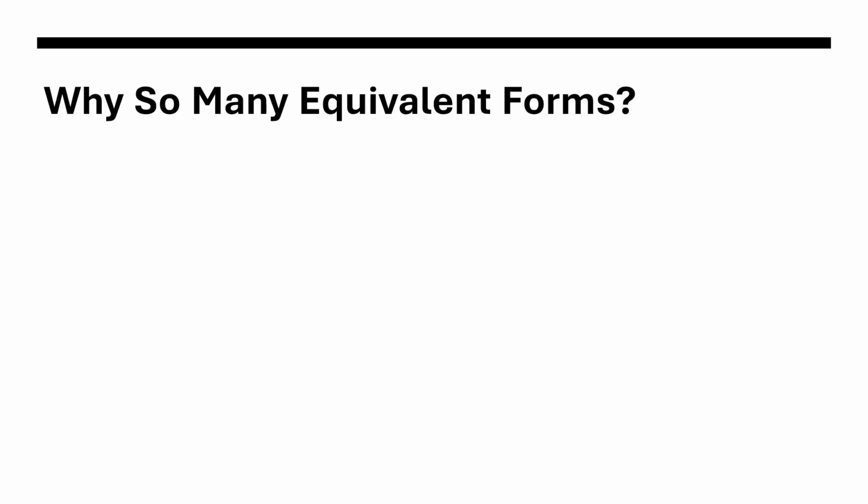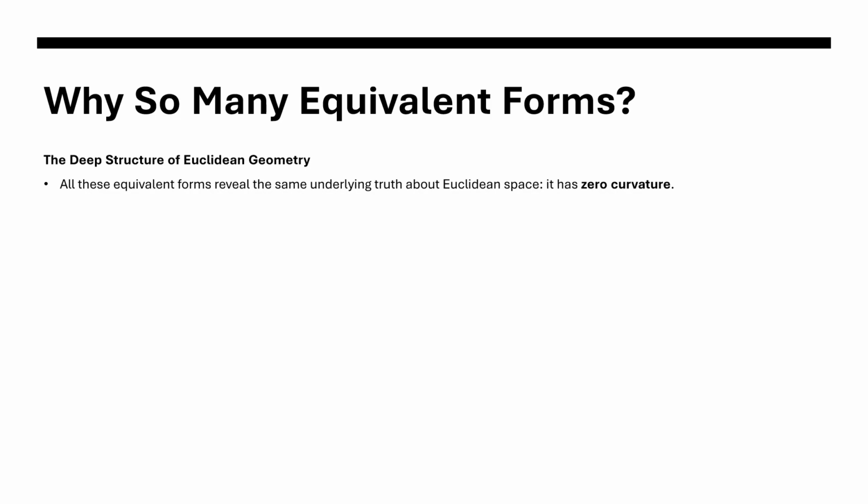So why so many equivalent forms? The deep structure of Euclidean geometry: all these equivalent forms reveal the same underlying truth about Euclidean space. It has zero curvature. The parallel postulate is really about the curvature of space.